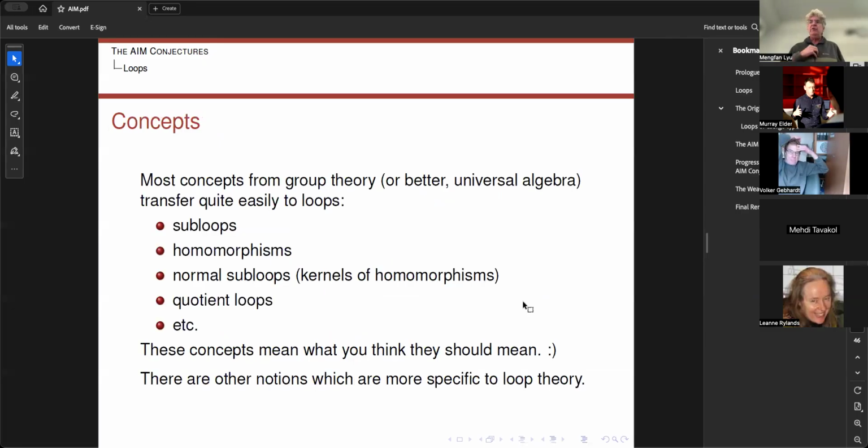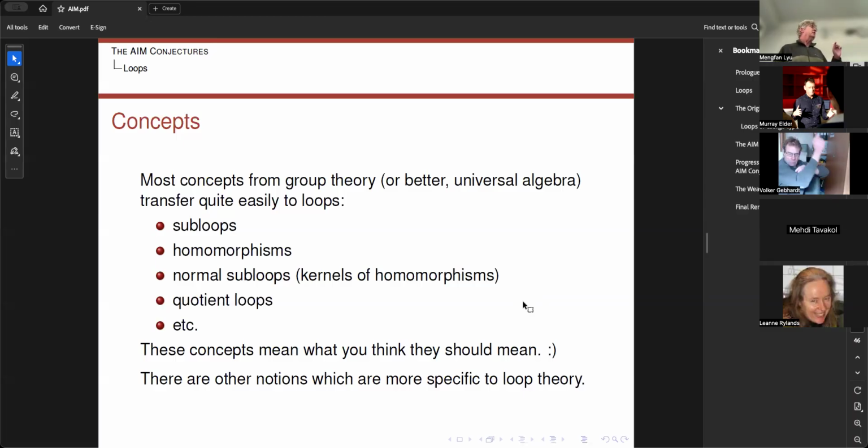What I'm not going to do is give you formal definitions of a lot of the concepts that arise in loop theory that sound like corresponding concepts from groups. And the reason is because the definitions are exactly what you expect them to be. So for instance, what should a subloop be? Well, you can guess: a subset that's closed under the loop structure, and so on. So subloops, homomorphisms, normal subloops, and so on. The normal subloops are the only ones where it might be a little non-obvious what the definition should be.